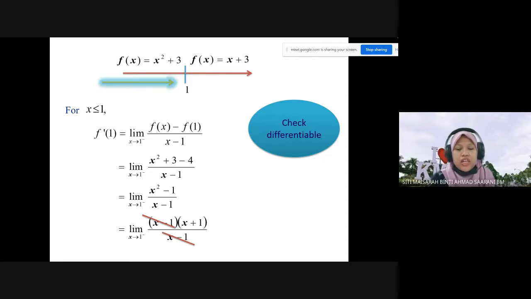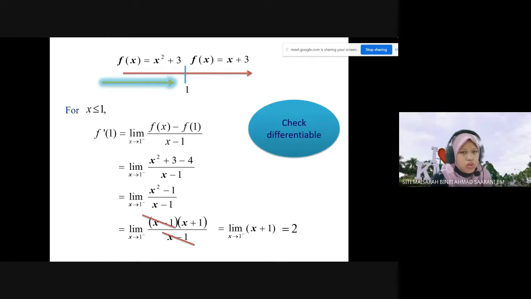So finally, we evaluate by substitute x equals to 1. Kita gantilah satu tu dekat x. So we get 1 tambah 1, 2. So jadi f prime 1 from left sama dengan 2. Yang f prime 1 from right pula kita kena kira lain.